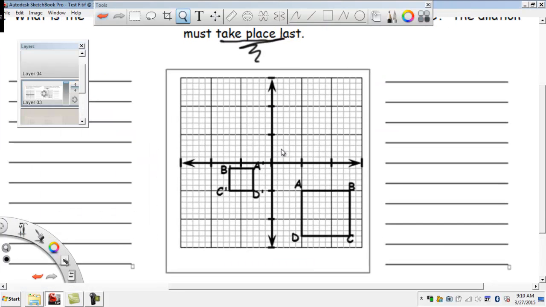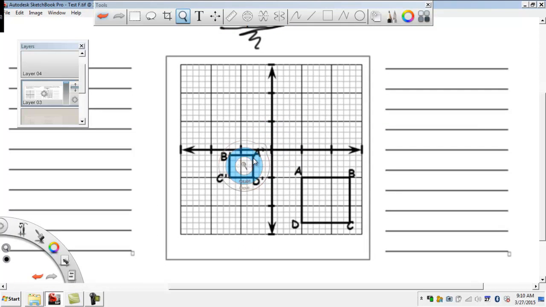Before we begin, I'm going to take a minute and explain what's happening over here. The first thing that takes place, and we'll talk more about it in depth as I go, we do a reflection across the y-axis.